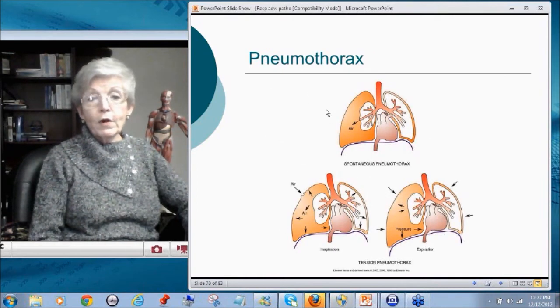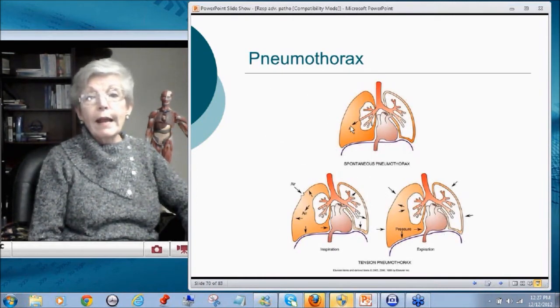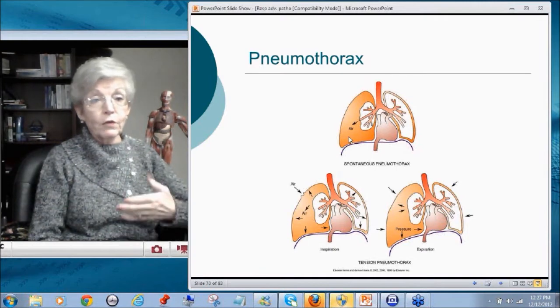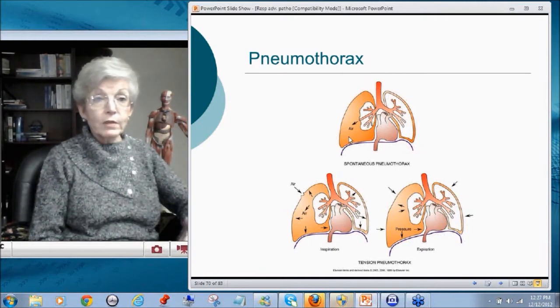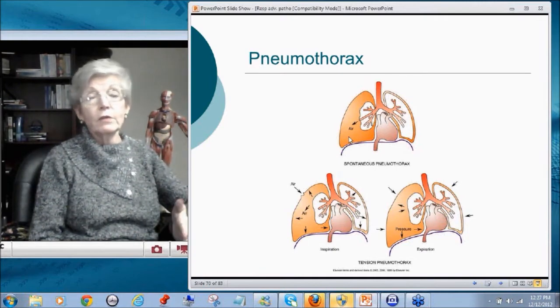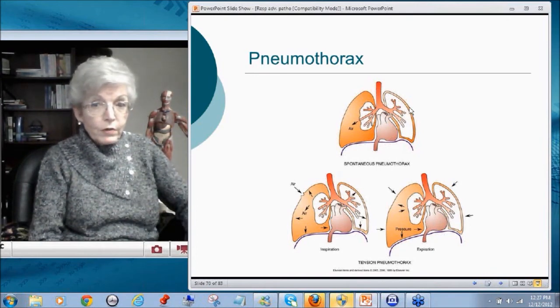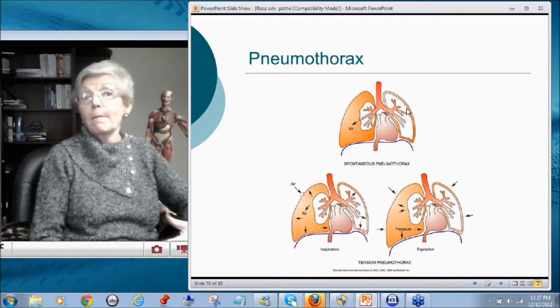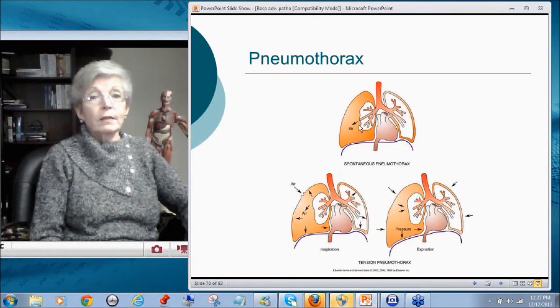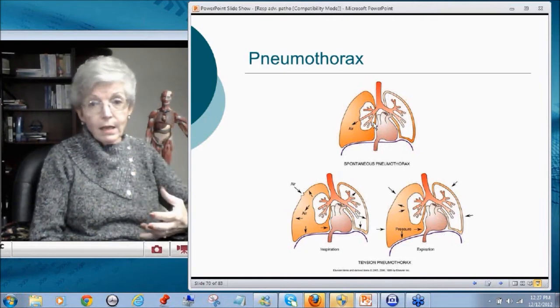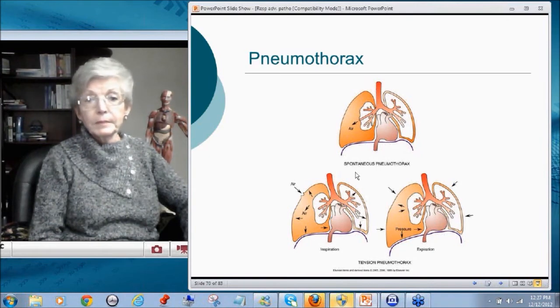A pneumothorax, as we know, is where air enters into the pleural space, and air exerts positive pressure. Gravitational pressure is plus 760 millimeters of mercury, whereas the normal pressure in my pleural space should be like -3. So if the plus 760 gets into a normal environment of -3, you have a big collapse of the lung.